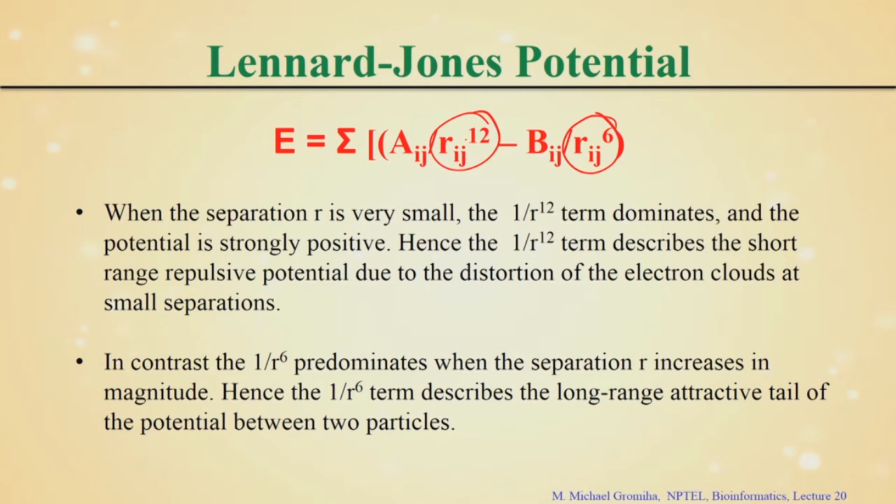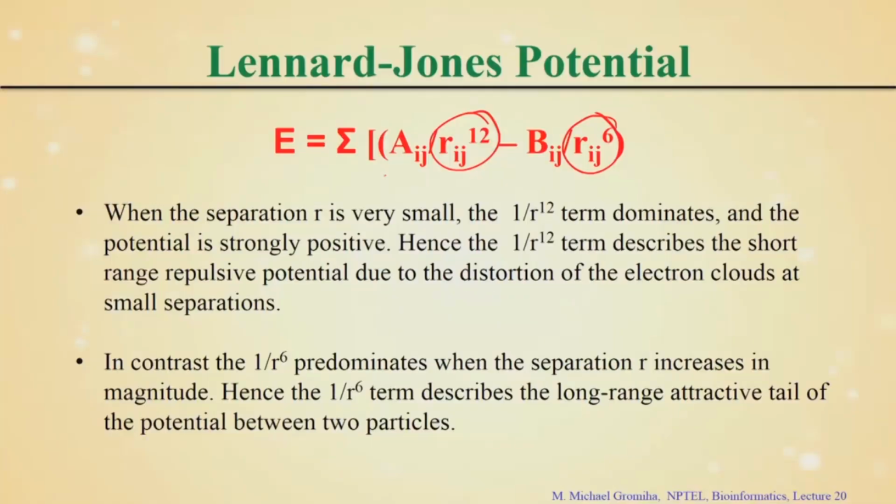Then if you move apart, Rij power 6 will dominate, and you have attractive interactions. Which is the attractive term and which is the repulsive term? The positive is the repulsive term and the negative is the attractive term. From this you can estimate the interactions due to van der Waals free energy.